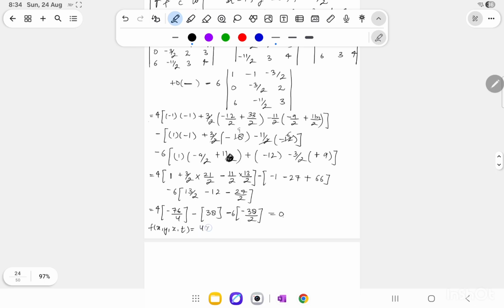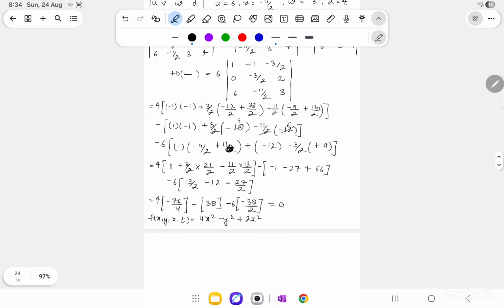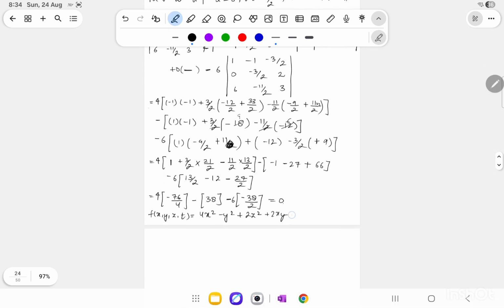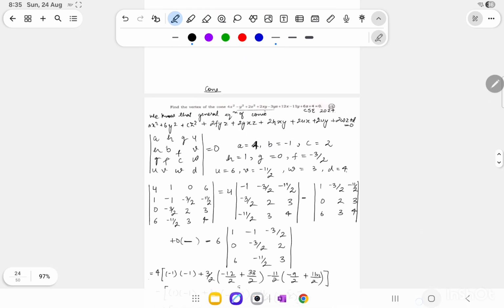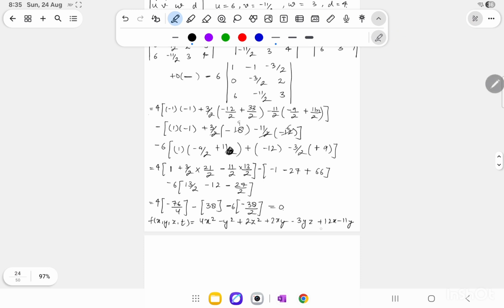So the given equation is 4x square minus y square plus 2z square plus 2xy minus 3yz plus 12x minus 11y plus 6z plus 4 equals 0.